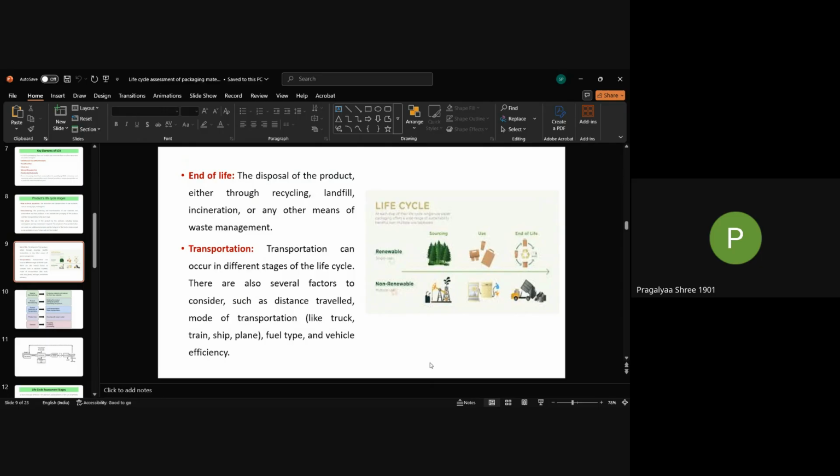These are also taken into account in transportation, because once the packaging material is manufactured, the factory may be at one point and the packing area at a different point. So all these parameters are involved in this case. Once the product is contained, it has to be transported to the consumer. So again, transportation cost is also included in this.